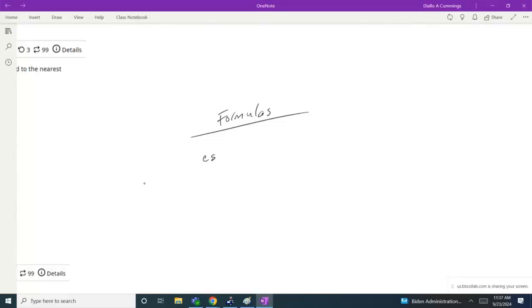The arc cosecant of x, that's equal to the arc sine of 1 divided by x. And I'll show how these work in just a second.